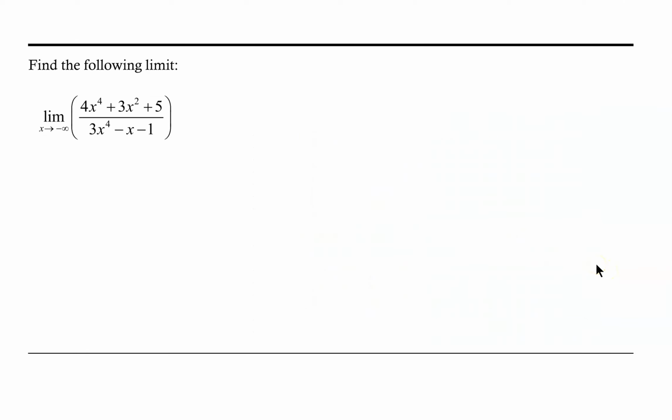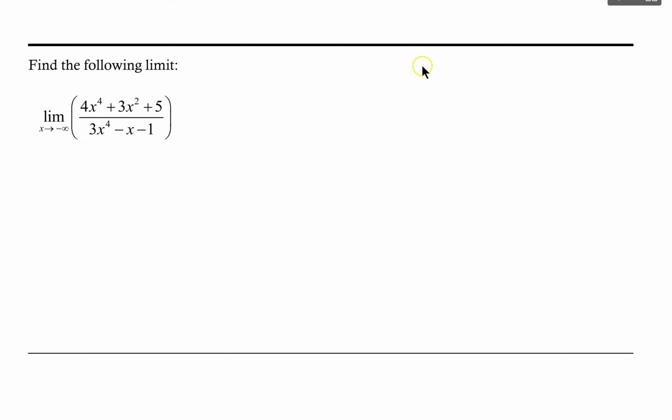In this case, we have a limit as x approaches negative infinity of the quantity 4x to the 4th plus 3x squared plus 5 over 3x to the 4th minus x minus 1. So this is a rational function. It is a quotient of polynomials.